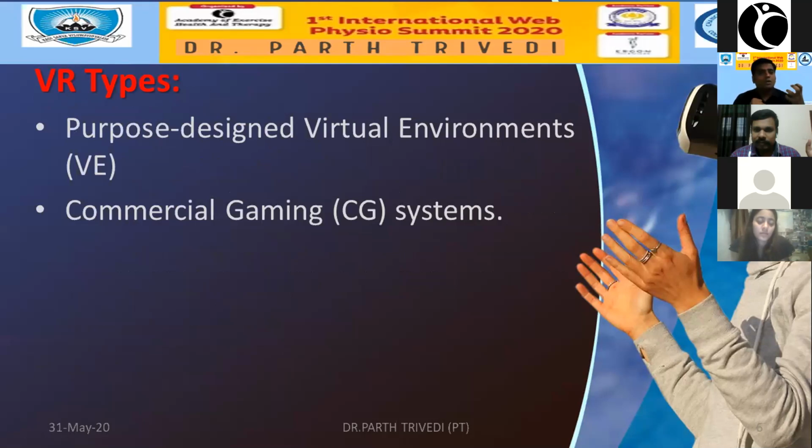Whether you want to improve the circumduction gait, whether you want to improve the breathing pattern, or whether you want to ask the patient to bicycle so that sarcopenia can be avoided, all these things are purpose designed virtual environments. They are specifically task based types of virtual environments.